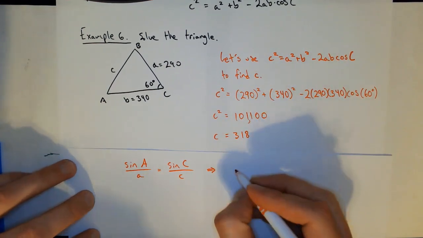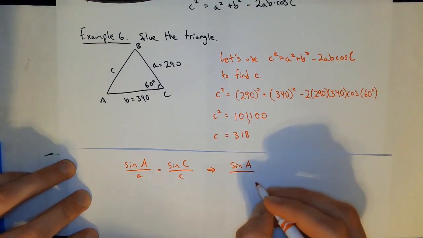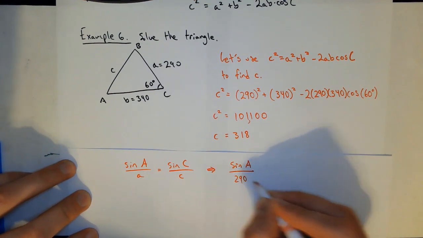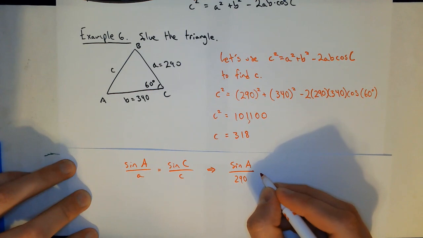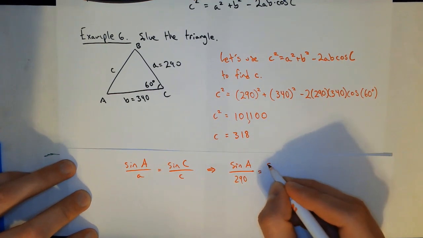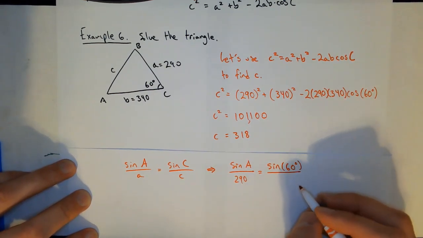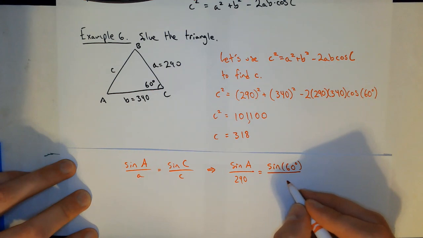Sine of A, well, A is the unknown thing, right? Over little a, which is 290, is equal to sine of 60 degrees over 318.